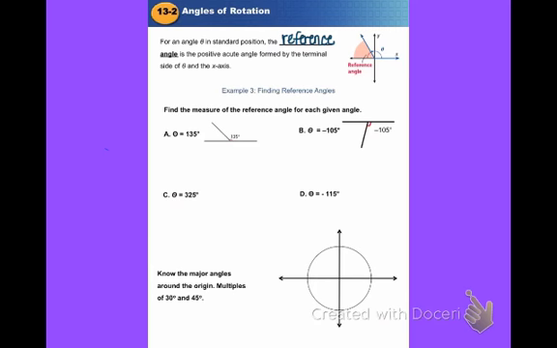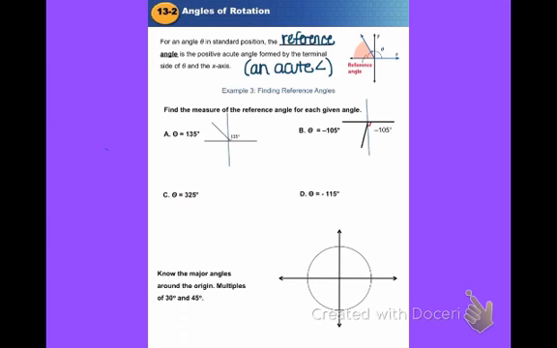Because we're going the closest direction to the x-axis, our reference angle will always be an acute angle. So it's like we're referencing angles that could actually be in a right triangle. So again, your reference angle will always be an acute angle.